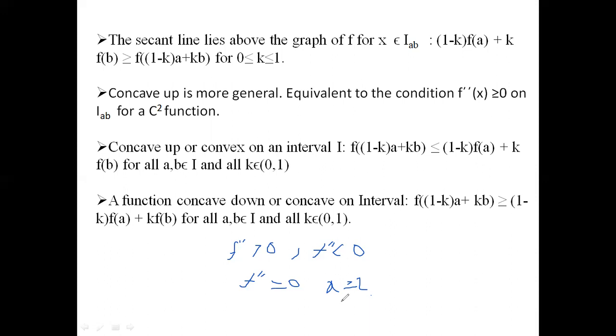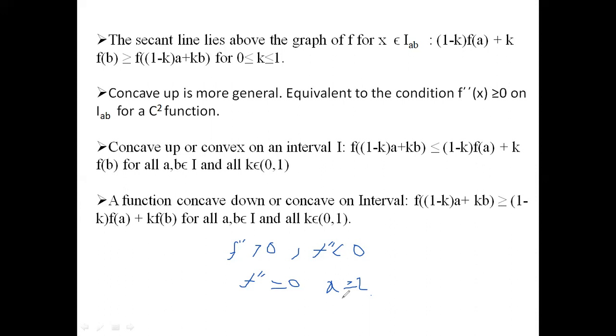These points divide the domain of function f into intervals, here a and b, on each of which f double prime is always positive or always negative. On any one such interval, one need only evaluate f double prime at a single point in the interval to determine its sign throughout the interval.